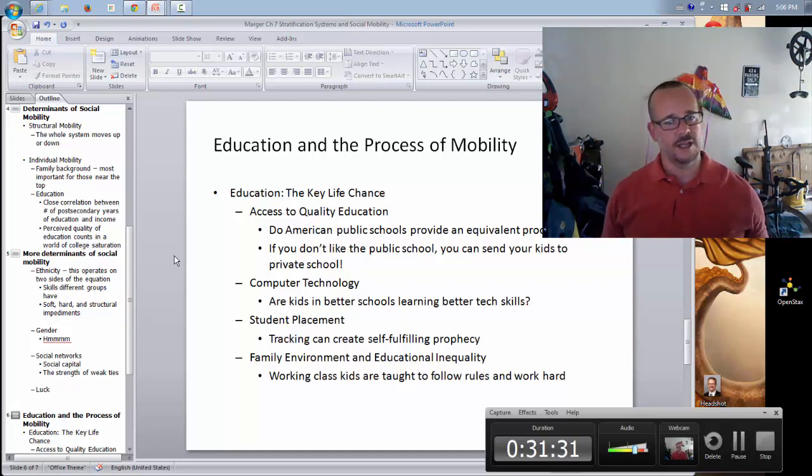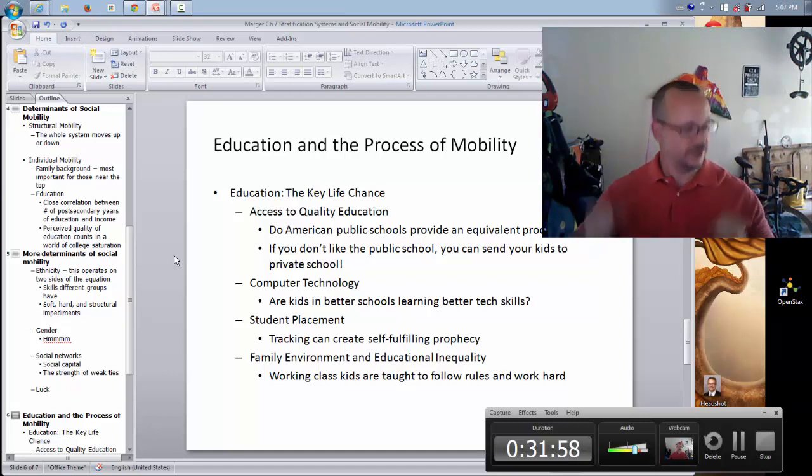And in an area like Macon, if you didn't like the public schools, well, then you can send your kids to private schools, right? Only, where are you going to come up with $10,000 or $12,000 a year for your kid to go to that private school? And you can see what you're going to bump into there.